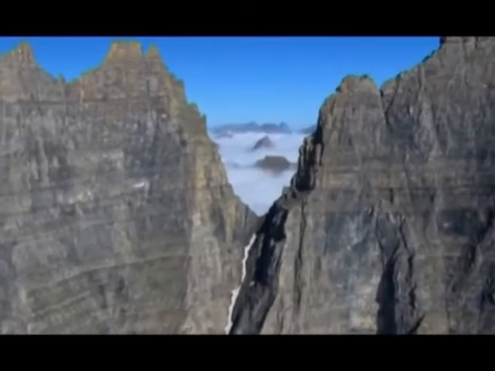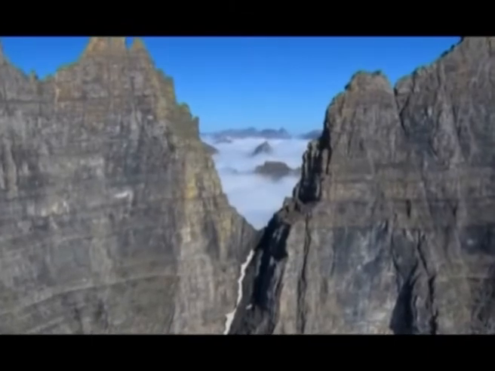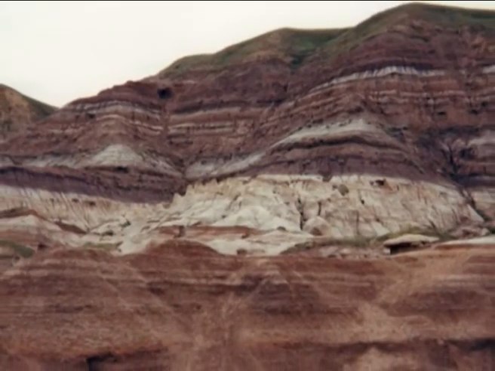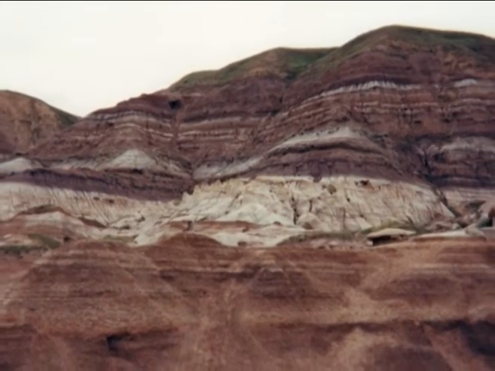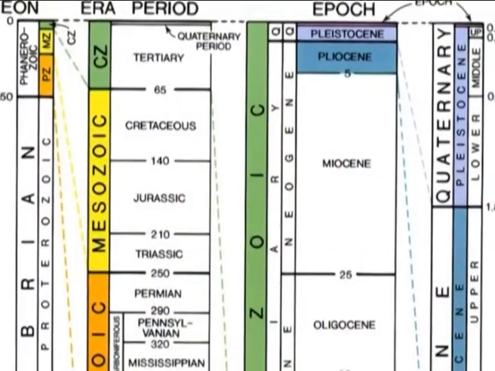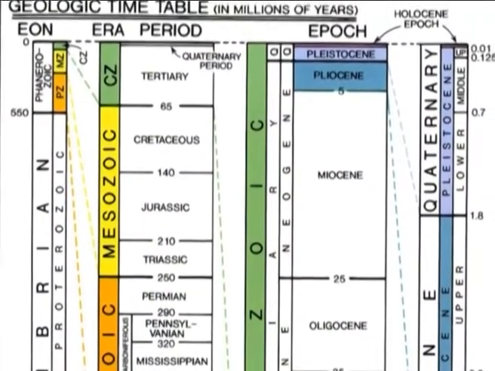With this understanding, geologists are able to determine the ages of rock relative to one another. In order to simplify the huge amount of geological information, geologists have broken Earth's history down into sections which are called geological eras, periods, and epochs.